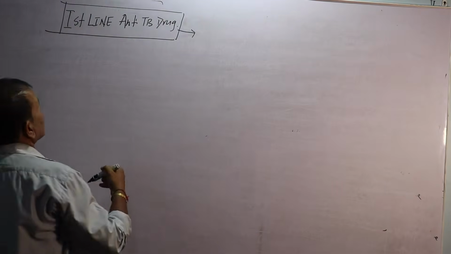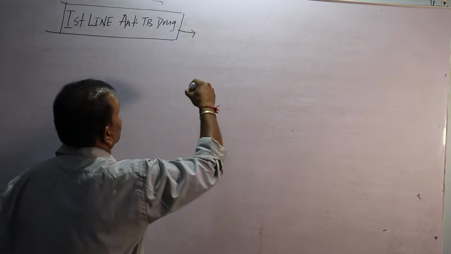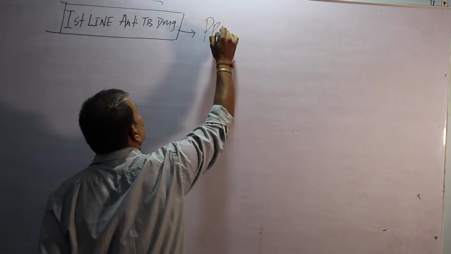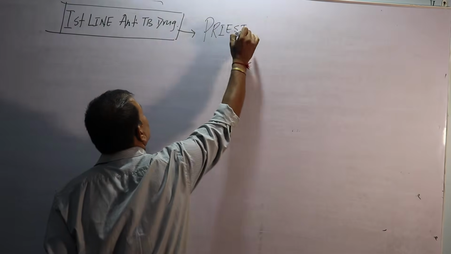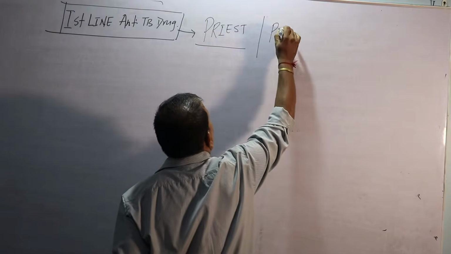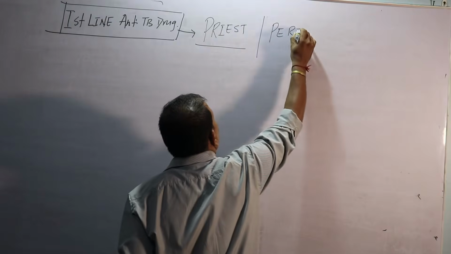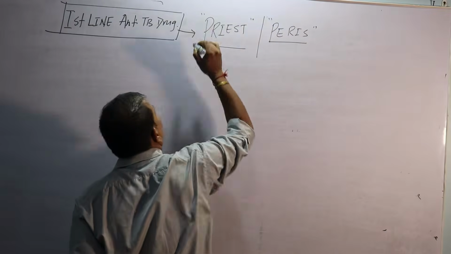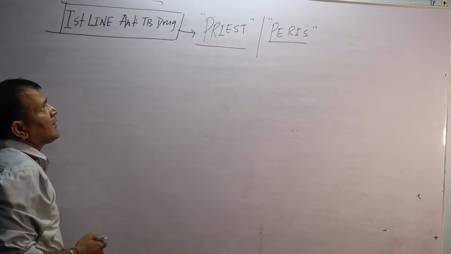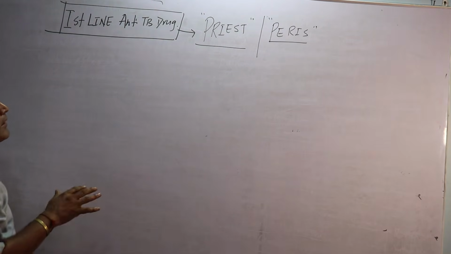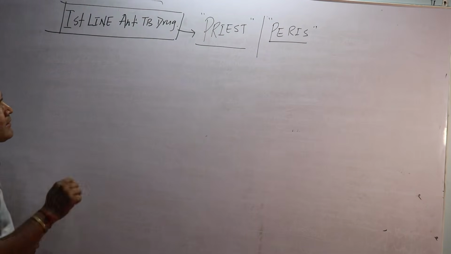The common mnemonics for first-line anti-TB drugs are PRIEST and PARIS. These are the two common mnemonics, and they tell all the drugs that lie in the first-line anti-TB drugs.